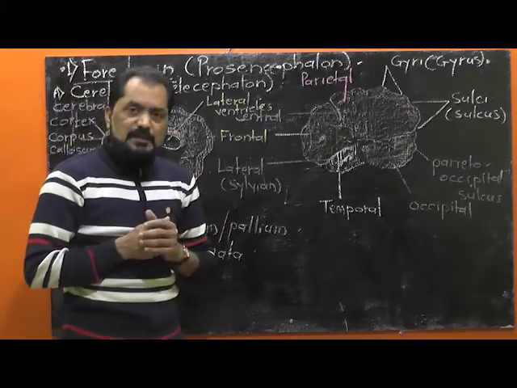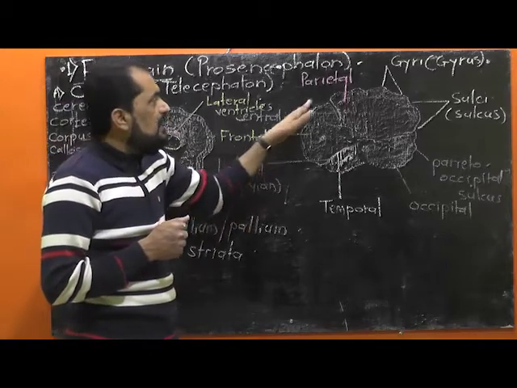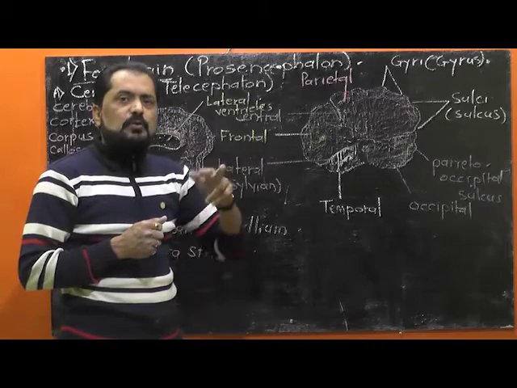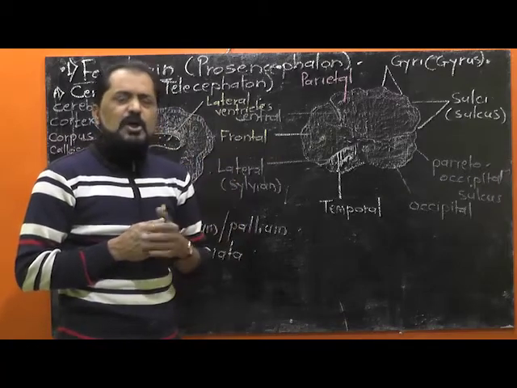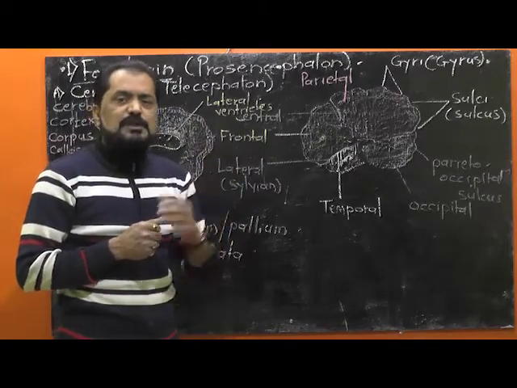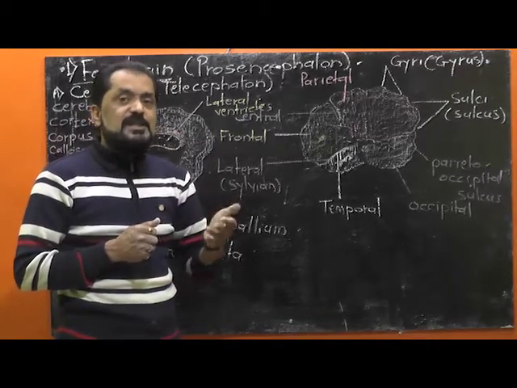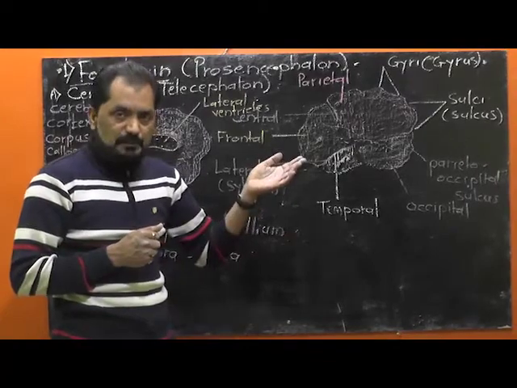Each cerebral hemisphere shows many gyri or sulci, that is convolutions and grooves on its surface, because of which the surface of cerebral hemispheres appears quite wavy and it increases the total surface of cerebrum.